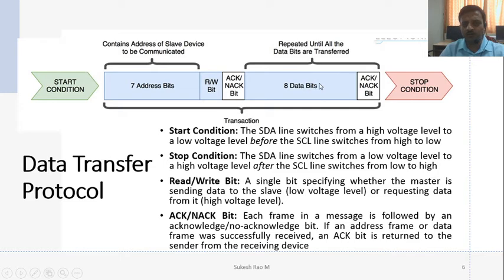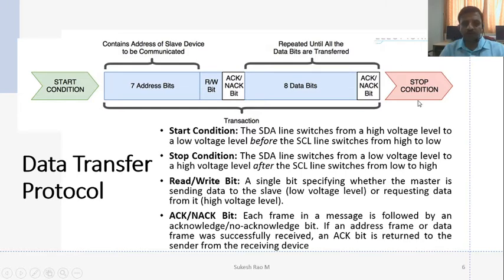If you look at this overall protocol, all this data is serially put in order. First is a start condition, next is the address, then the read or write bit, then an acknowledgement bit, then the read or write data to or from the slave device, then an acknowledgement bit, and finally a stop condition.